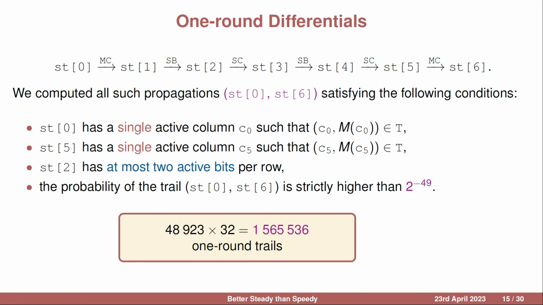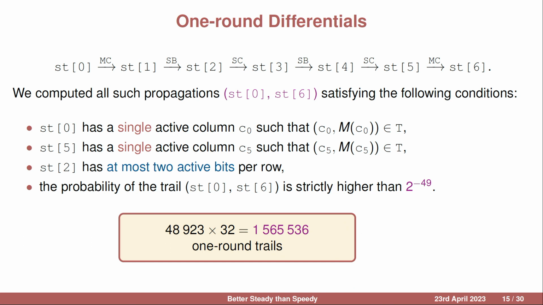Then we look at trails that follow some conditions. What we want is a single active column at the beginning and at the end of the round, and also that after the SBox there are at most 2 active bits per row, so that the complexity doesn't explode.